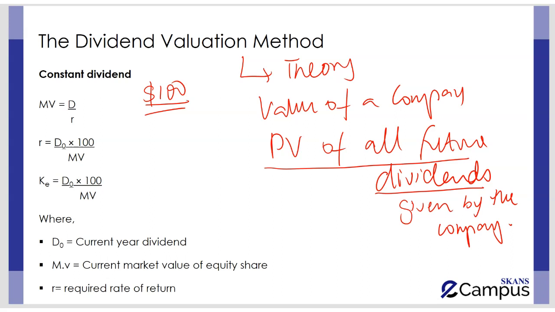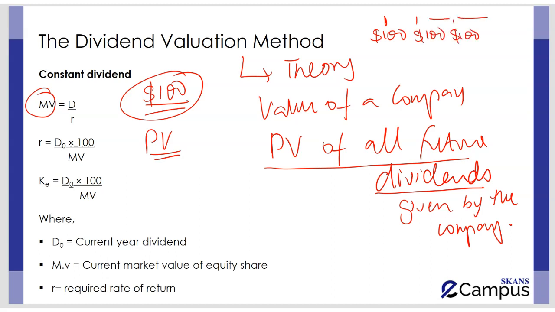So let's take an example. For example, a company is expected to pay $100 for each year for the rest of its life, and it's going to go till infinity. So if I take the present value of all these dividends, it will help me find the market value of that share. So let's say I know that this firm is going to pay dividends of $100 each year till infinity, and I know the required rate of return by the equity holders is, let's say, 10%.